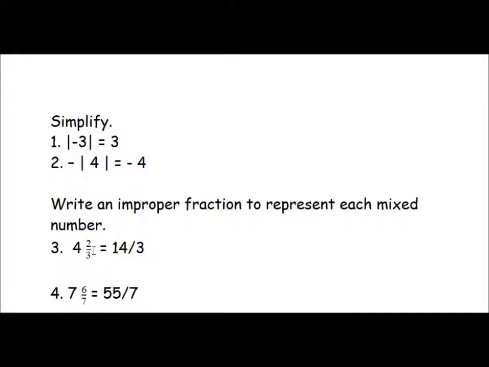So 4 2 by 3 can be written as 3 multiplied by 4 plus 2, divided by 3. So 3 4s are 12, 12 plus 2. So this can be written as 3 multiplied by 4 plus 2, which is 12 plus 2, the whole thing divided by 3.